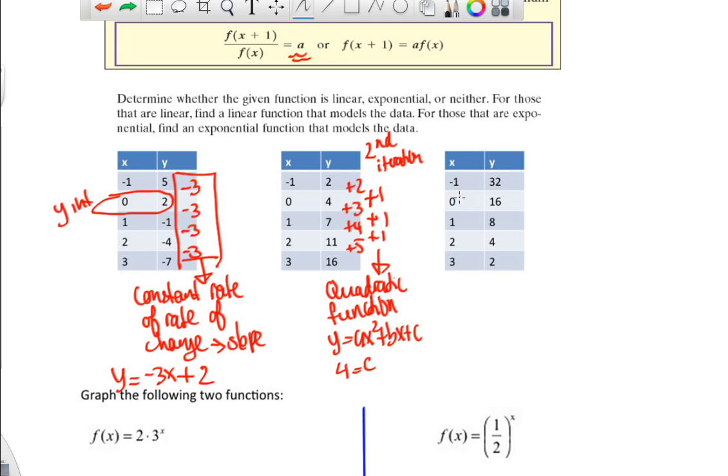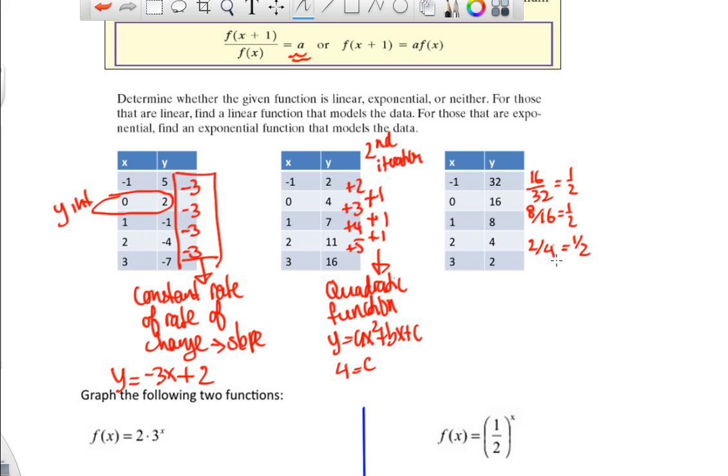Keep in mind that you need to take the larger x divided by the smaller x. So what is 16 divided by 32? Well, that's a half. And for example here, it would be 8 divided by 16, which is also a half. And 2 divided by 4. I skipped 4 divided by 8, because I ran out of room a little bit.